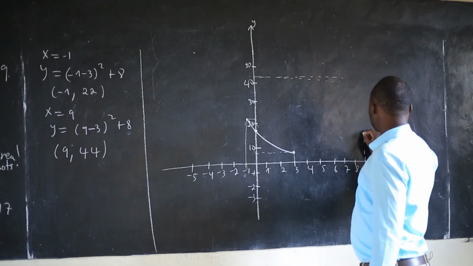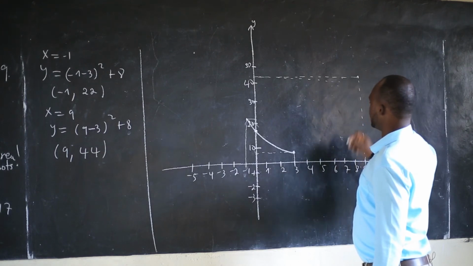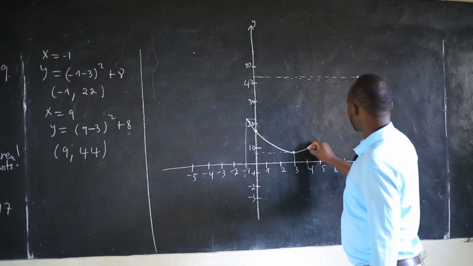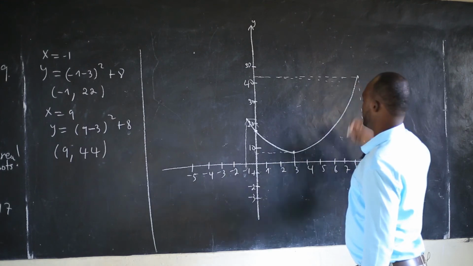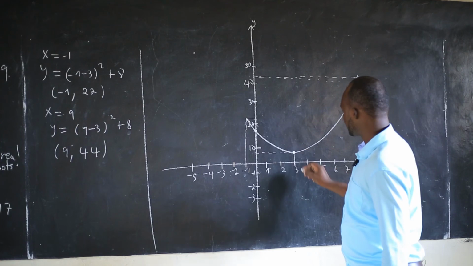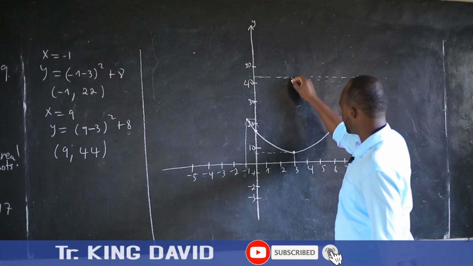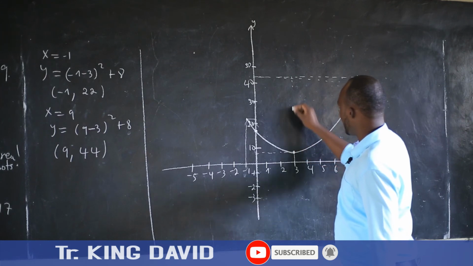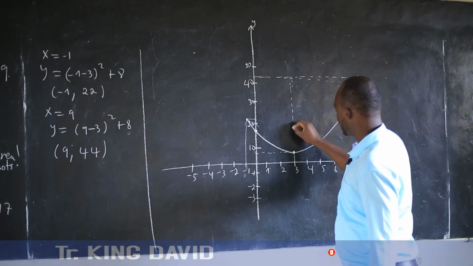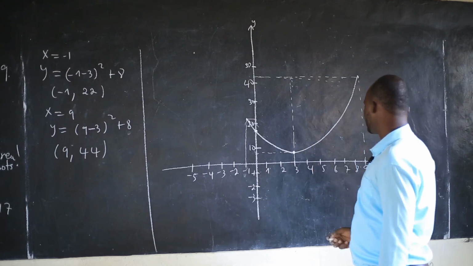It is this point, so our curve will go there. That's our curve. This is the vertex, (3, 8), and this will be the axis of symmetry.